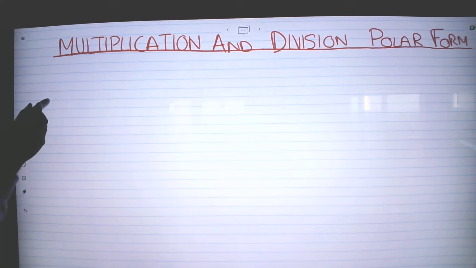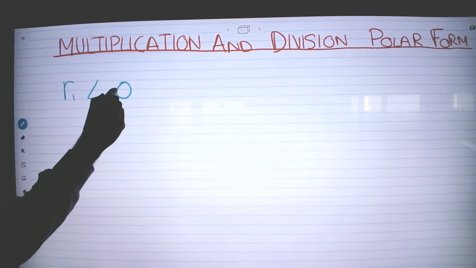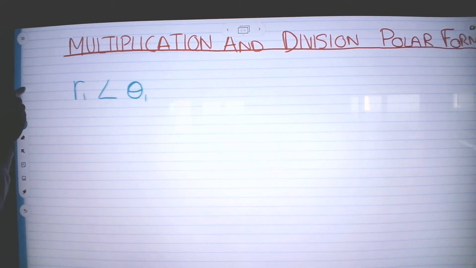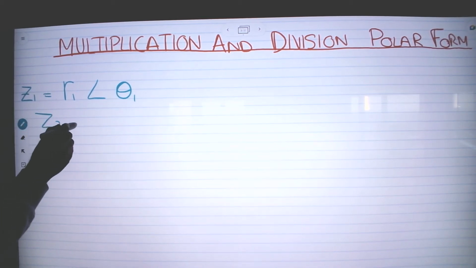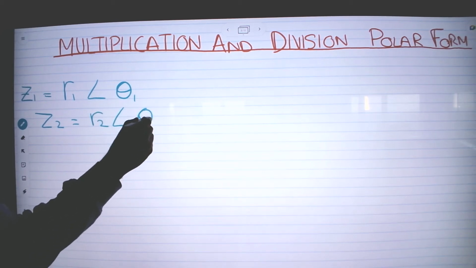Let's say I have a polar number r1, angle theta 1. So this is my first complex number, which I'm going to call z1. And I have another complex number z2, which is r2, angle theta 2.